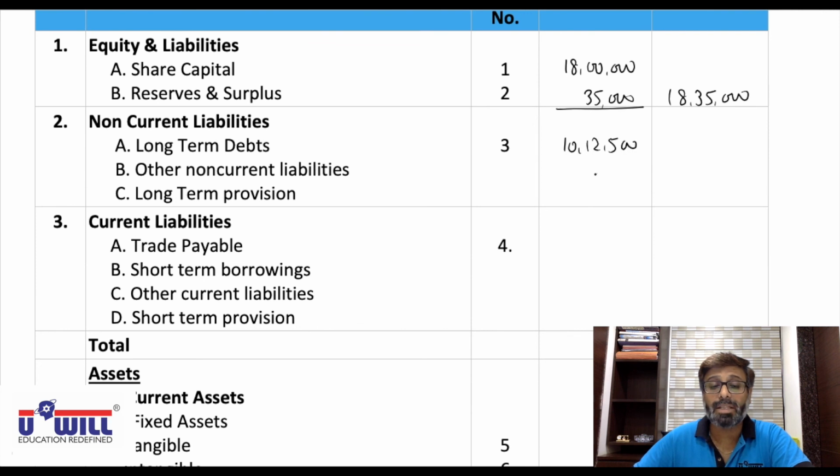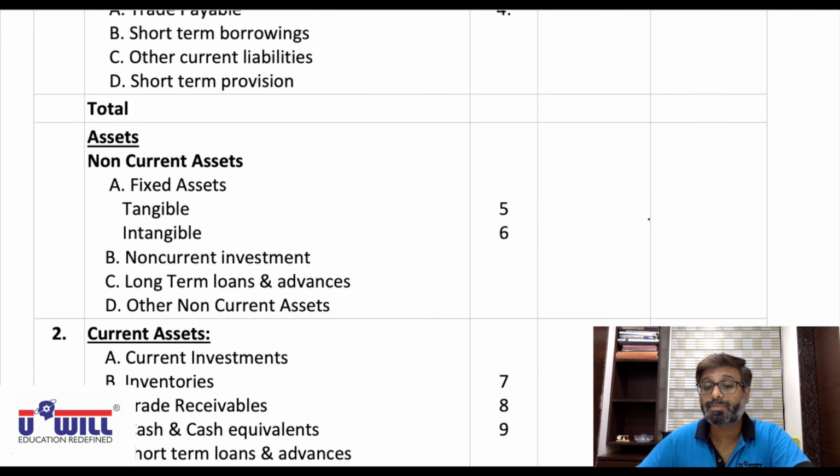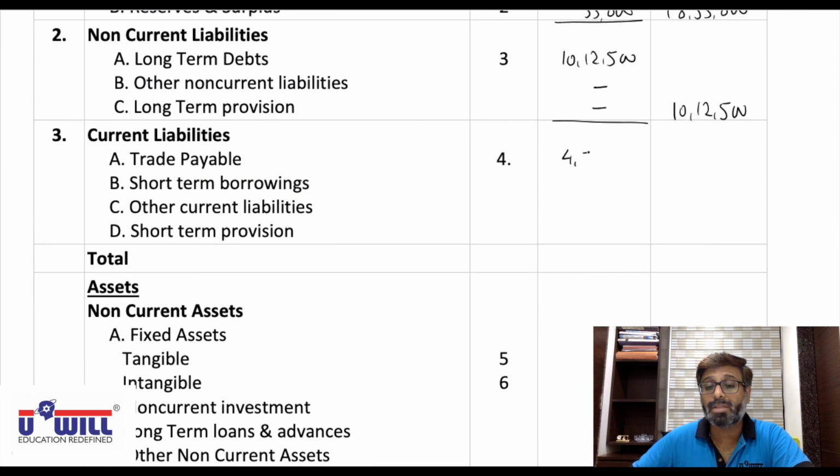We don't have other non-current liabilities and long-term provisions, so total also 10,12,500. Trade payables from note 4 4,50,000. Short-term borrowings, other current liabilities, short-term provisions we don't have, so total 4,50,000.